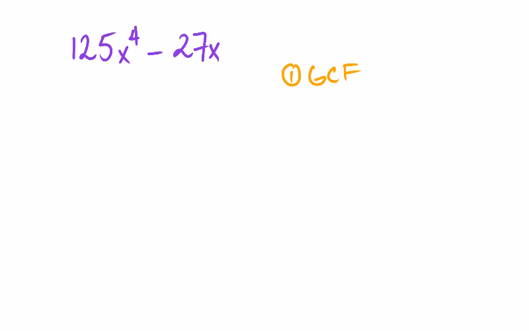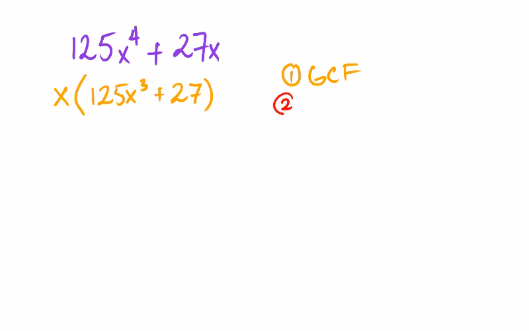So you take out the GCF, and in this problem it's going to be x, and then it leaves you with 125x to the third minus 27. Actually, let's make this problem a plus, because on the last one we did a minus, so let's make it a plus. And so then it is a perfect cube, 125, and 27 is also a perfect cube.